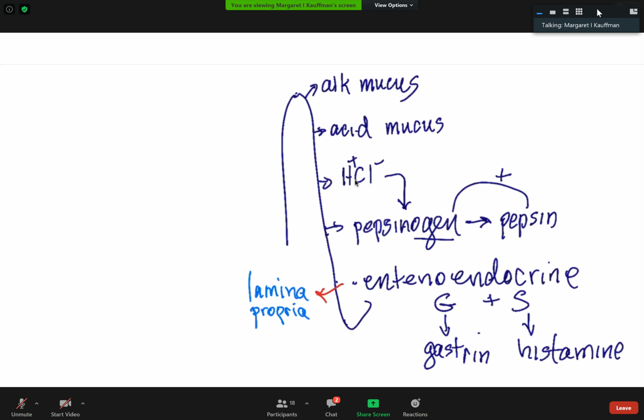Now, one of the themes you're going to hear is, and this is more for the lab today, if it's a protease, it has to be released in an inactive form. So these guys are never secreted in active forms.